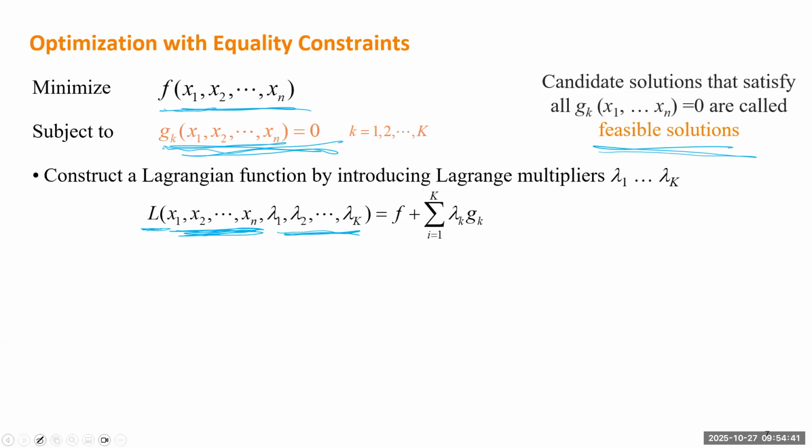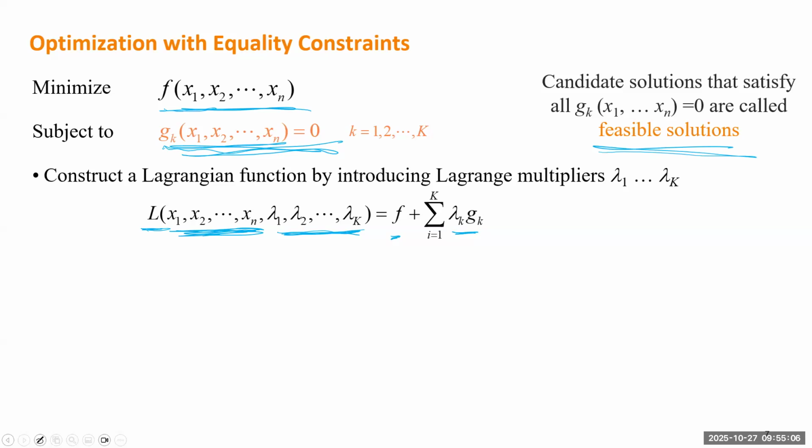So the lambda here just adds k additional variables, each defining the price of violating those constraints. This new cost function is a linear combination of the original cost function and the total price you're going to pay for violating those constraints.